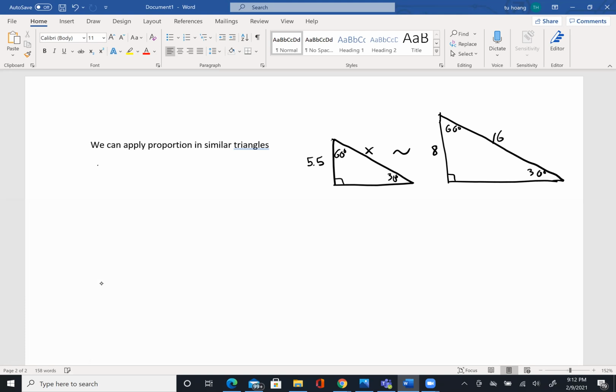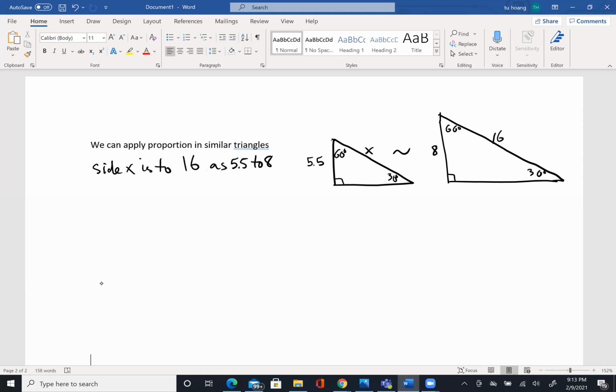So we know that side x is to 16 as 5.5 is to 8.